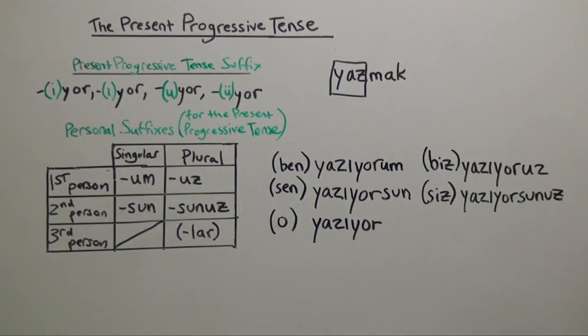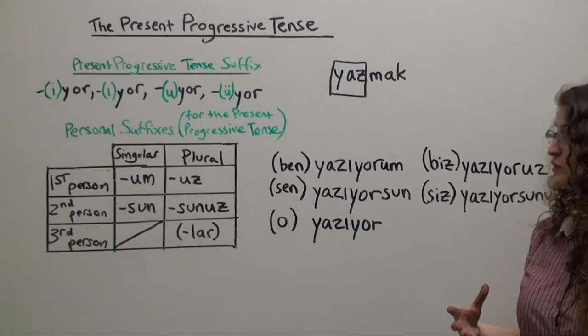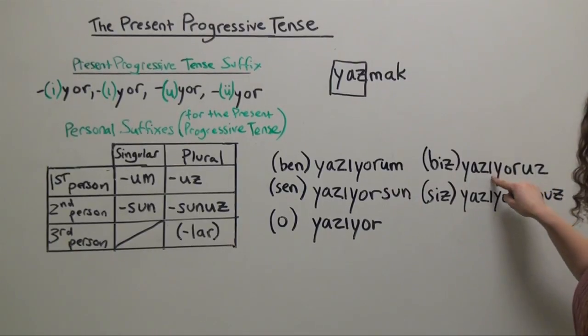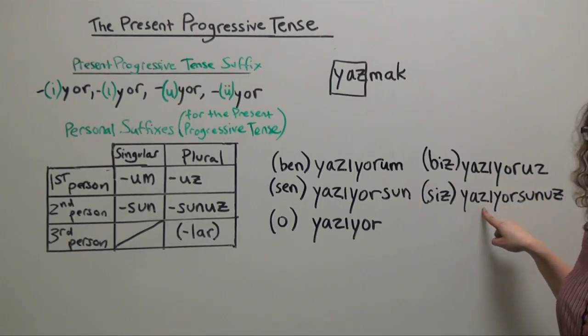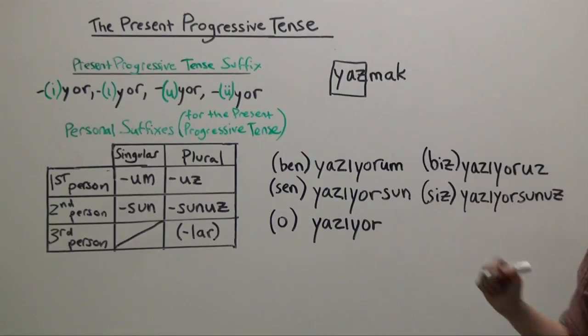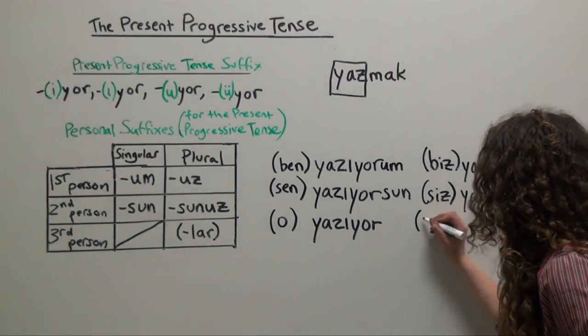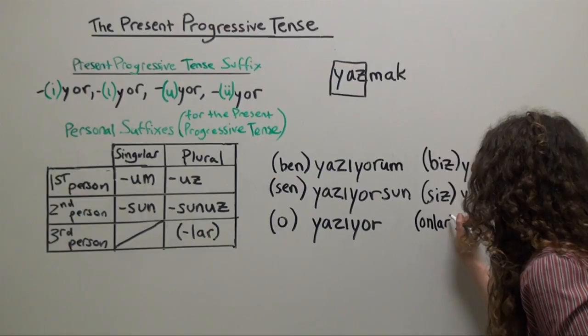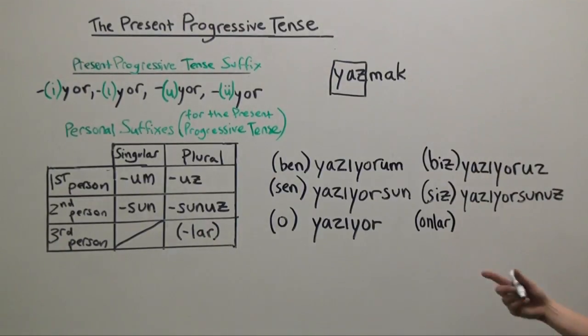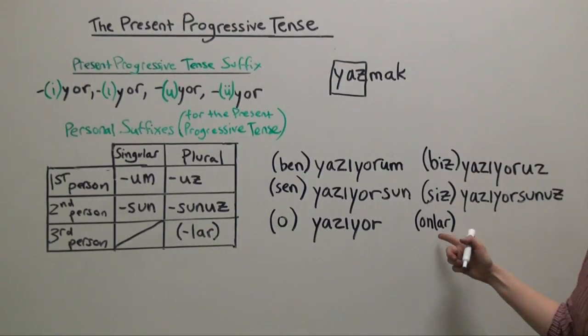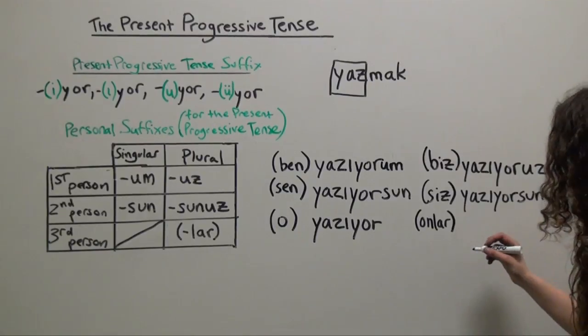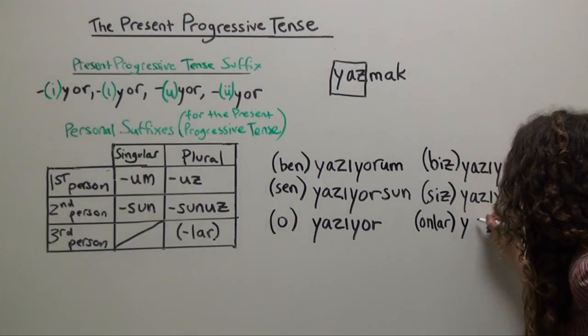Remember that I am using ı here as our buffer vowel, but this buffer vowel will change depending on the vowels in the verb stem. Finally, for they, onlar, and again, I'm using the personal pronoun here, but you're free to use nouns or proper nouns.